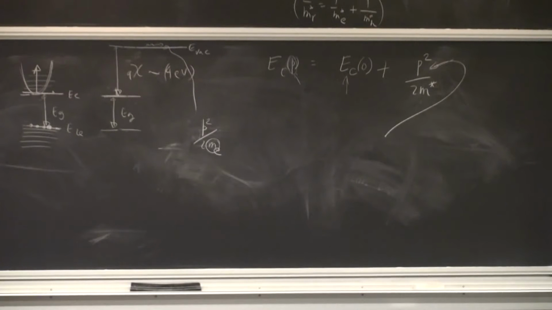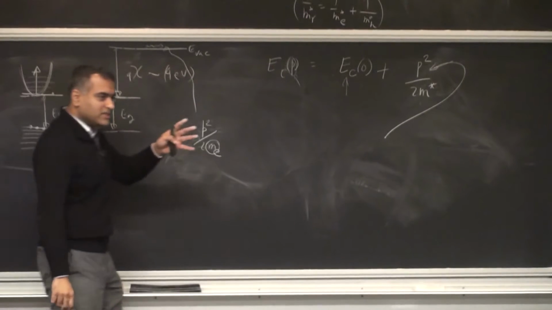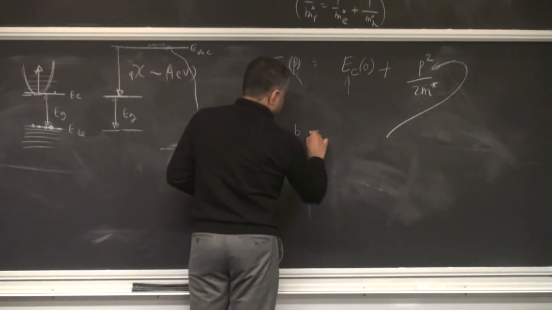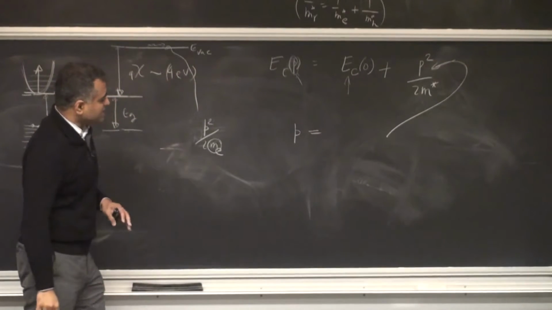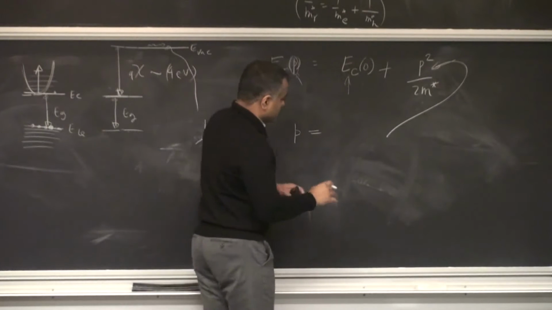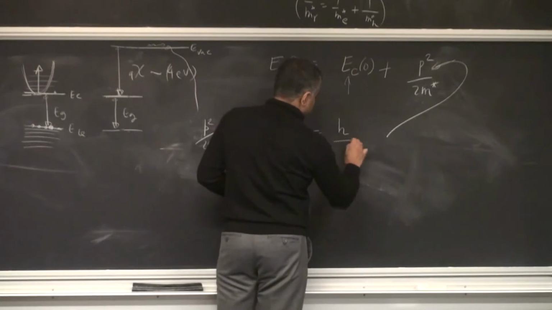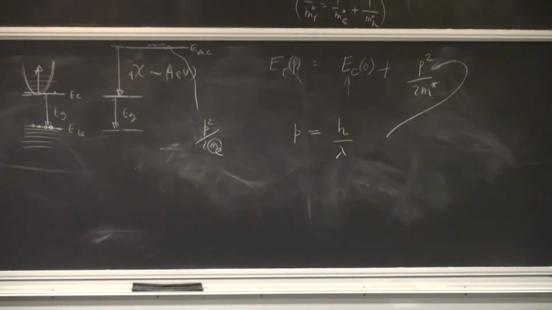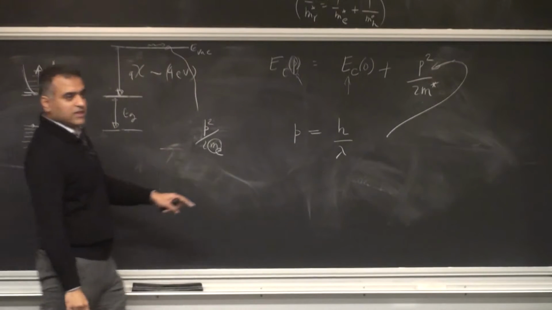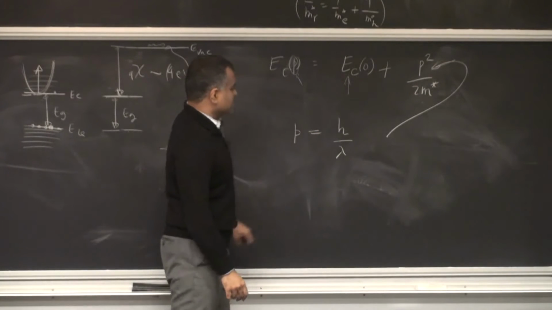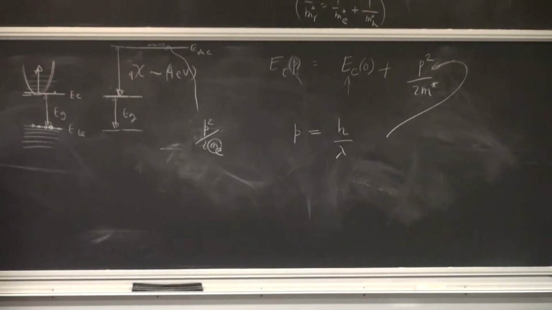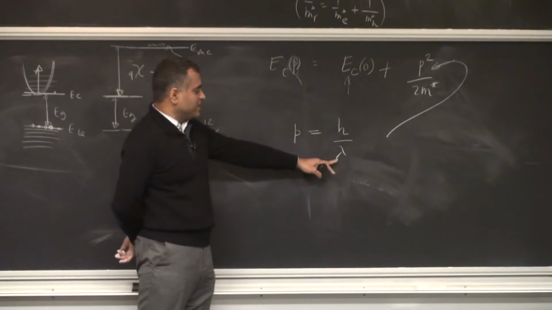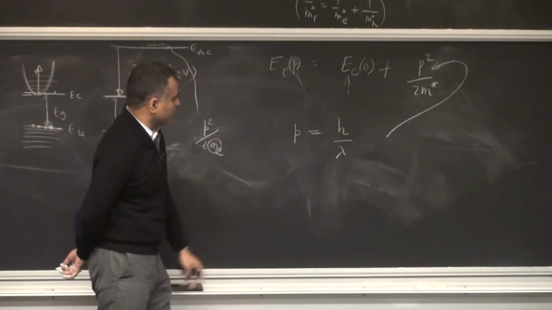So the momentum of any particle or any wave, according to the de Broglie relation in quantum mechanics, no matter whether you have mass or no mass, is given by Planck's constant divided by the wavelength of that particle. No matter whether you're a photon, a phonon, an electron, doesn't matter. This immediately enforces the fact that electrons must also have a wavelength.